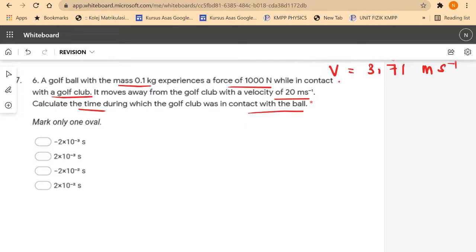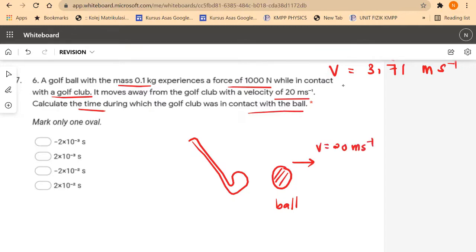It's like this: this is the golf club and this is the golf ball. The ball moves away from the golf club, maybe after being hit by the golf club, with velocity 20 meters per second.